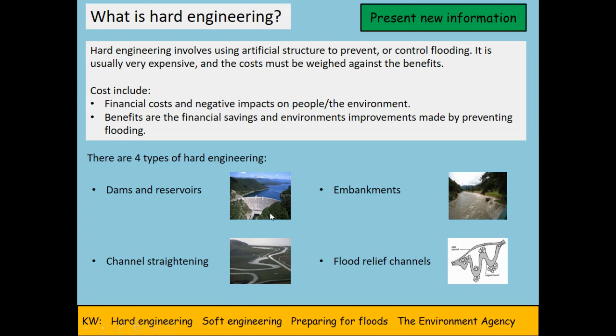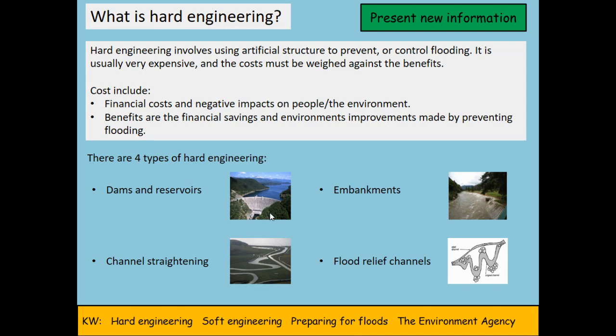So you will get under this category dams, which will then have a reservoir behind it. You will have embankments, which are kind of like those man-made levees that I spoke about last week, but if you call them embankments, then you won't get confused. We also have channel straightening, because if you've got lots of meanders in your river, you have a longer route, so you have more chance of flooding.